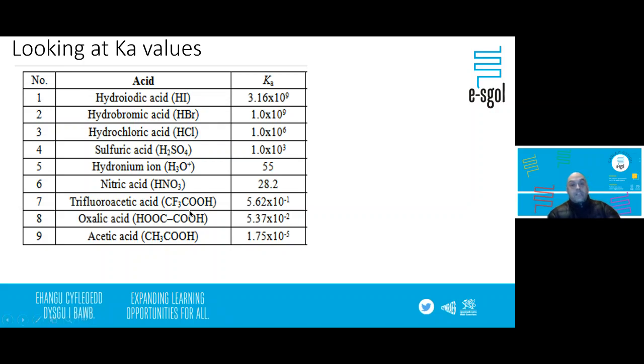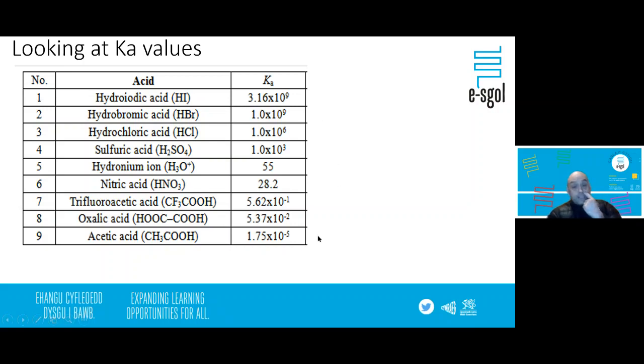And then we've got these really high values like hydrochloric acid, hydroiodic acid. What I didn't know about hydroiodic acid is that it's a stronger acid than hydrochloric acid. And the only reason I know that is I can see my Ka value is massive. So that means there's loads of hydrogen ions being generated and very little of the undissociated acid left.